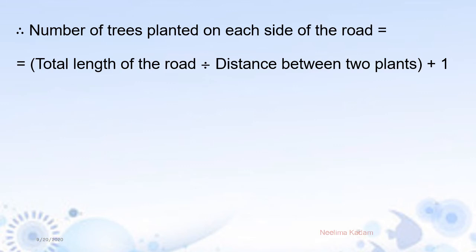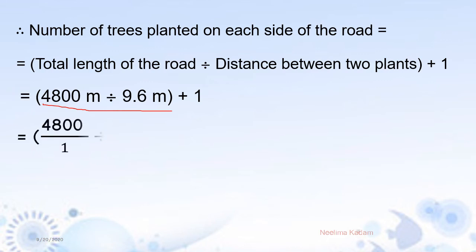Okay, total length we have calculated, that is 4800, divided by the distance between two plants, plus 1. So 4800 divided by 9.6, plus 1. We will solve this bracket first, that is 4800 upon 1 divided by 96 by 10.